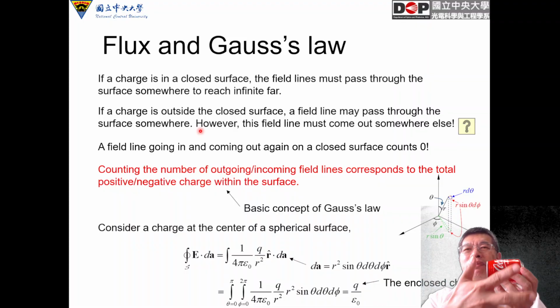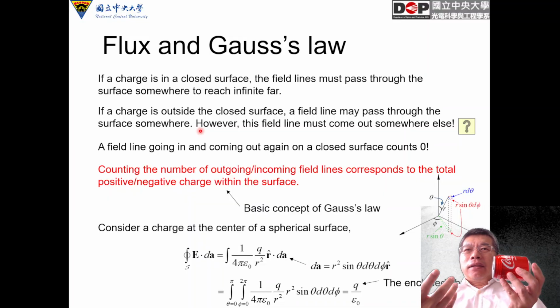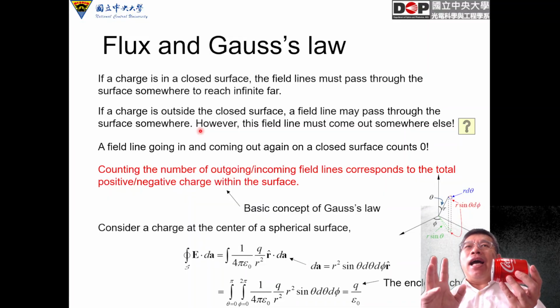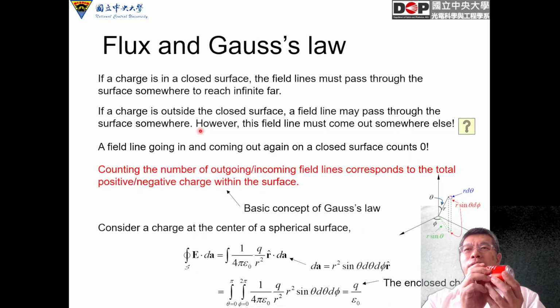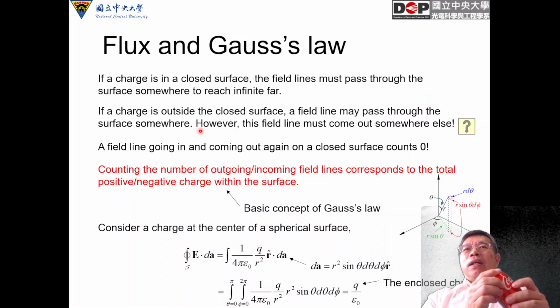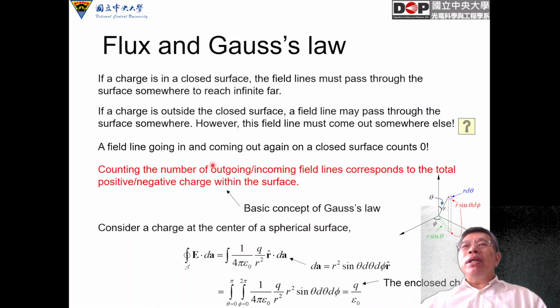So you just count 1, 2, 3, 4, 5. So you count so many. That's the idea. So we are counting how many field lines flow through this imaginary surface. Counting the number of outgoing and incoming field lines corresponds to the total positive and negative charge within the surface. This is the basic concept of Gauss' law.